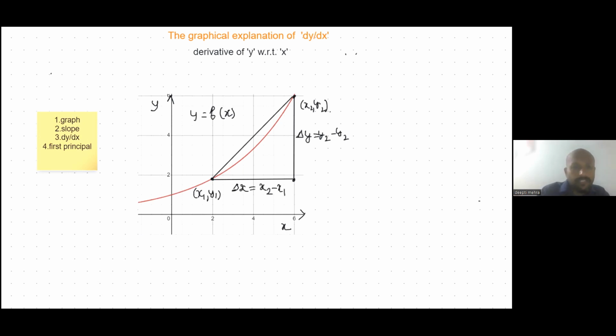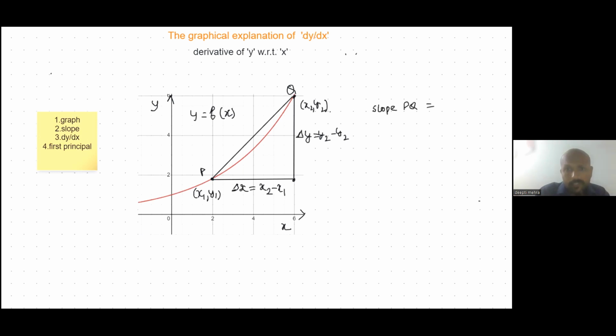So to find the slope of this line PQ, which is basically the average change of this function over the given interval of x, that is the slope of PQ.